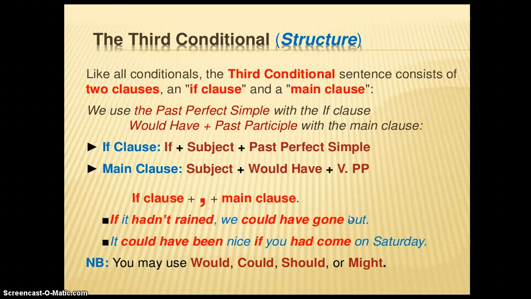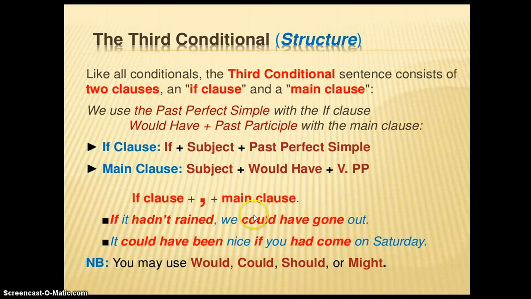As for the third conditional structure, many times people refer to it as ideal. It also contains an if clause that has a past perfect behind, and the main clause that has a conditional perfect behind, that is would, have, and the past participle of the verb we are working with. As in this sentence, if it hadn't rained, we could have gone out.